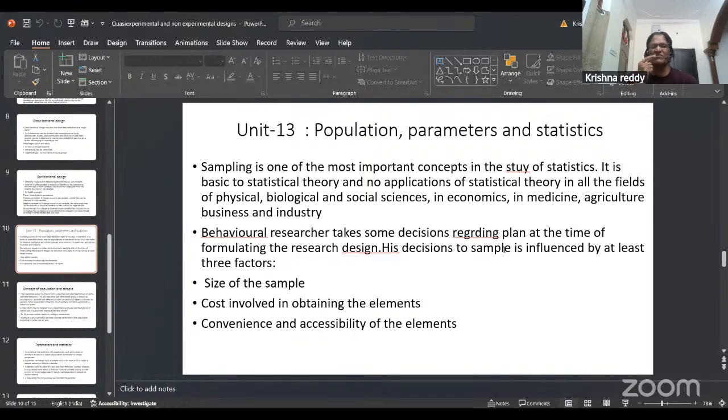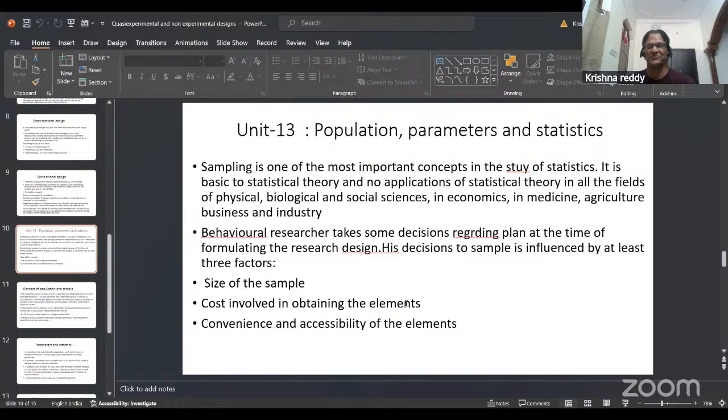So sampling is one of the most important concepts in the study of statistics. It is basic to statistical theory and its applications in subjects like the physical, biological, and social sciences. In all subjects, we can use statistical methods.